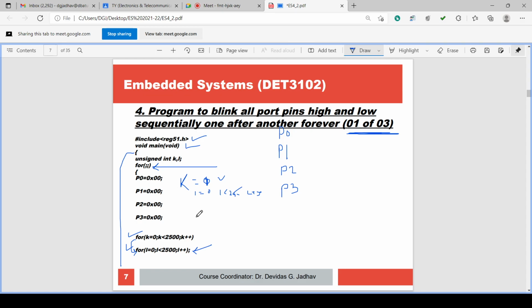Similarly, for 4, it is executing 2500 times. How many times is the k for loop executing? It is also executing 2500 times. So totally, the for loop for L will execute 2500 times 2500 times. So a very large delay will be observed. Okay.